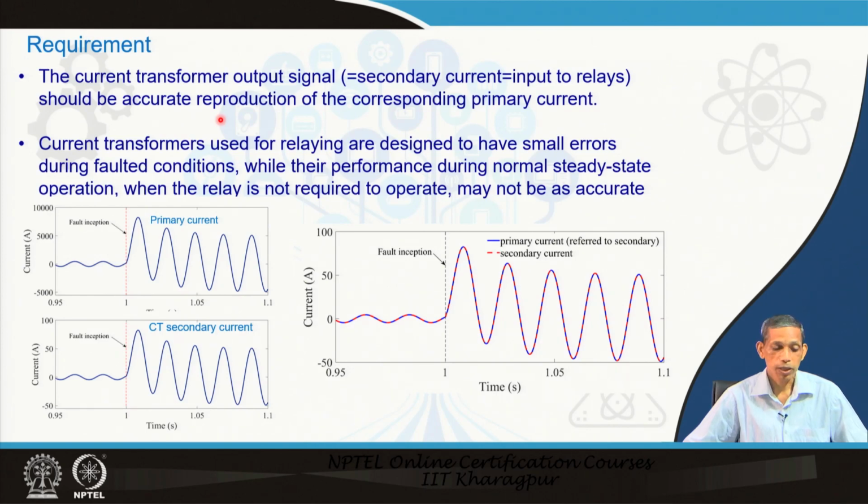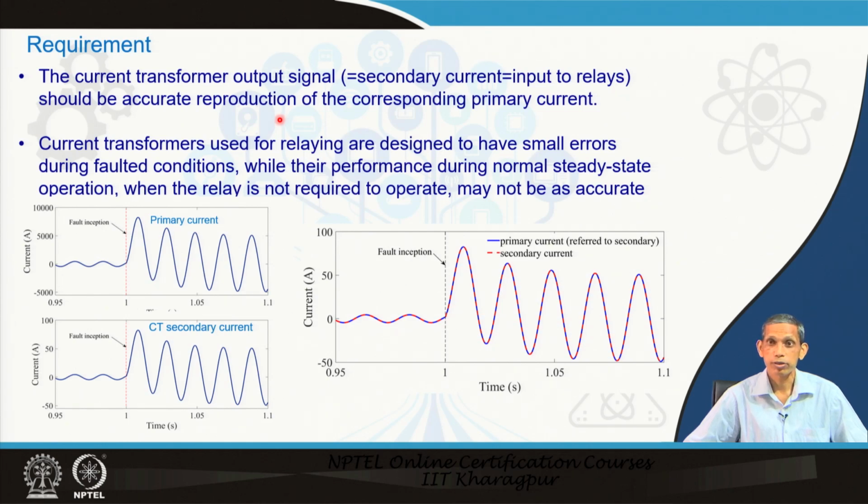Now, what is the expectation from a CT? The corresponding secondary current should always provide the proportionate value of the primary current. So, the current transformer output signal, which is the secondary current and is input to the relay, should be an accurate reproduction of the corresponding primary current.